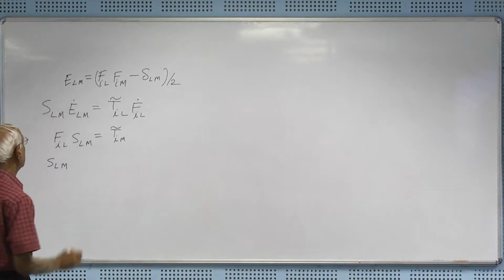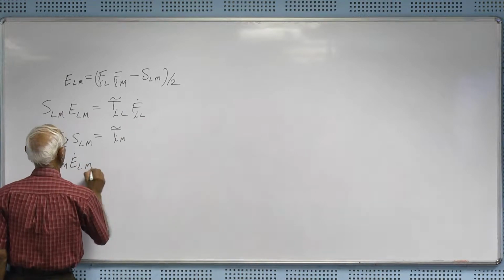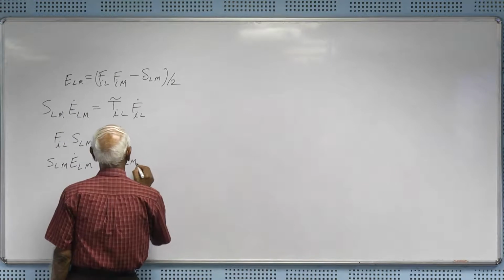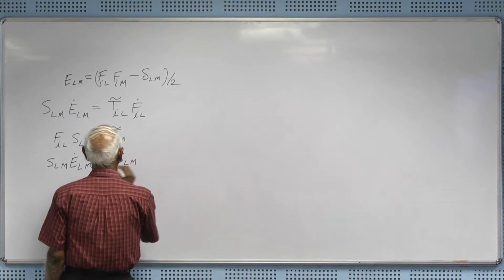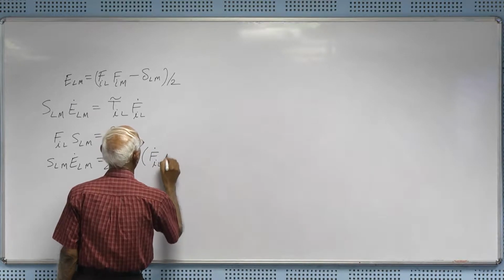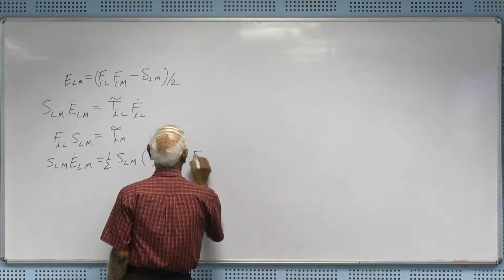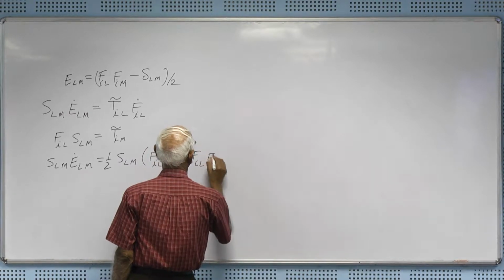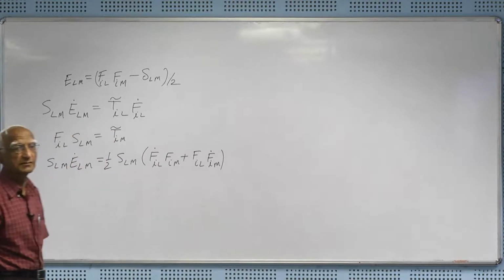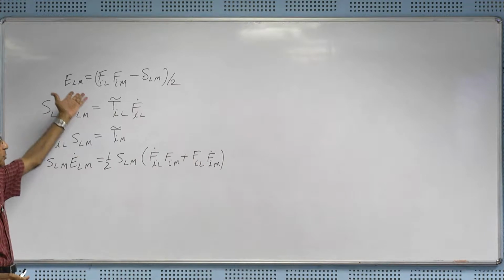If we differentiate that, so let's say E dot_LM equals S_LM times 1/2 (F dot_iL F_iM plus F_iL F dot_iM). Right? Chain rule of calculus there.